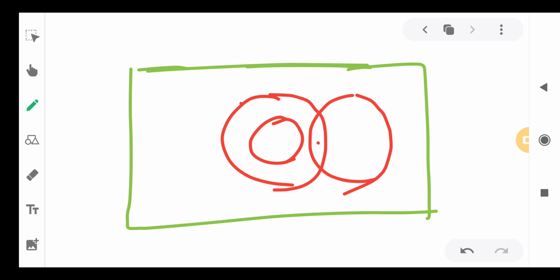So all these Venn diagrams show us how sets are mapped or how they are related.